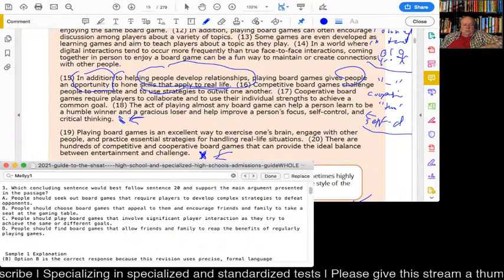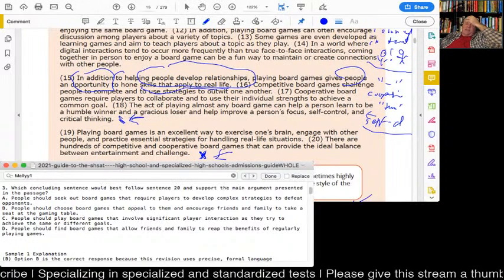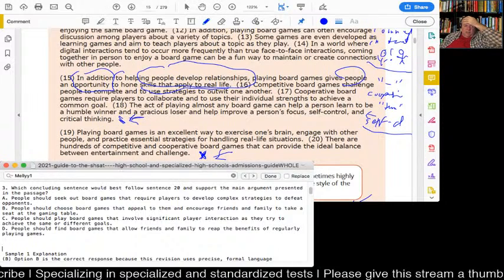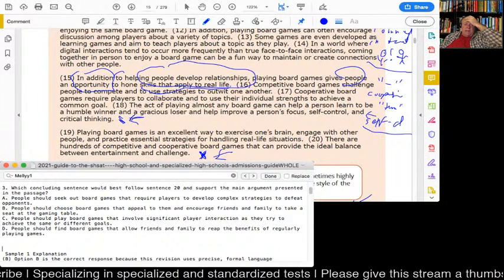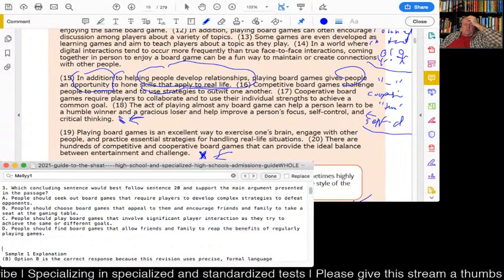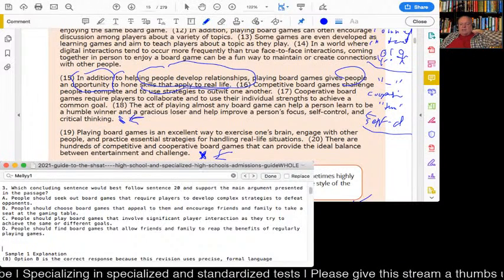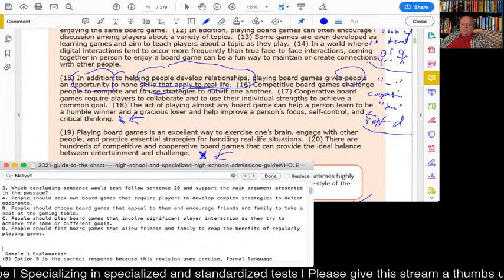So, which concluding sentence would best follow to support the whole passage, not just the last thing? A, people seek out board games that require players to develop complex strategies to defeat opponents. Okay, so this choice I liked up until the point where it said to defeat opponents.